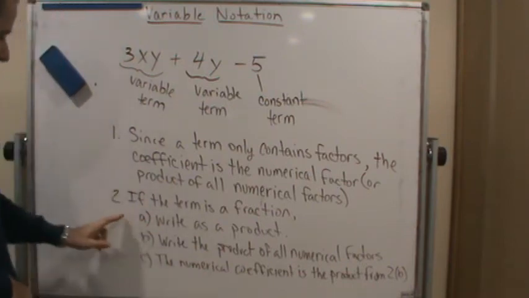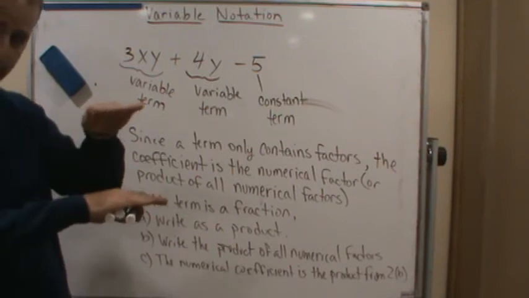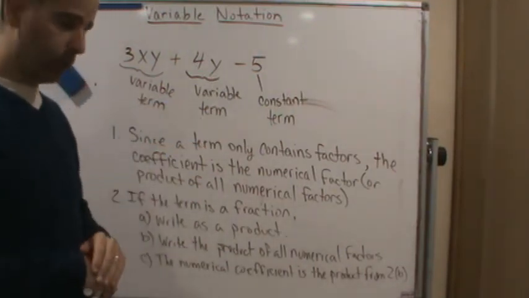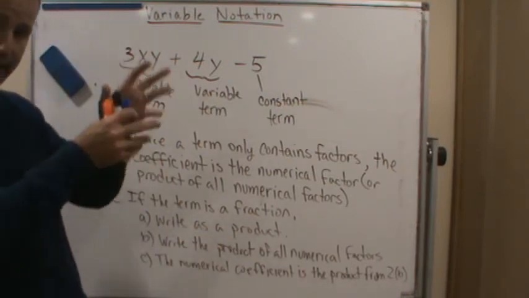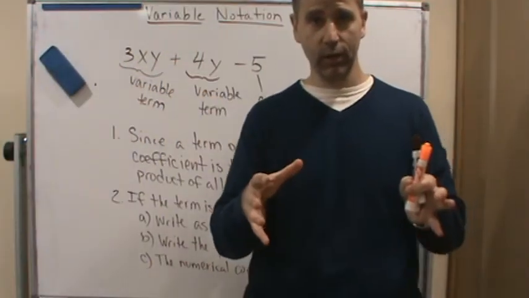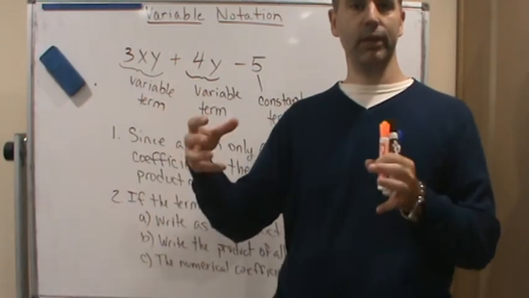Now, if the term is a fraction, meaning more of a division, the fractional bar represents an indicated division. Then what you're going to do is write that fraction as a product. So basically you're going to rewrite it from a division expression to a multiplication expression.